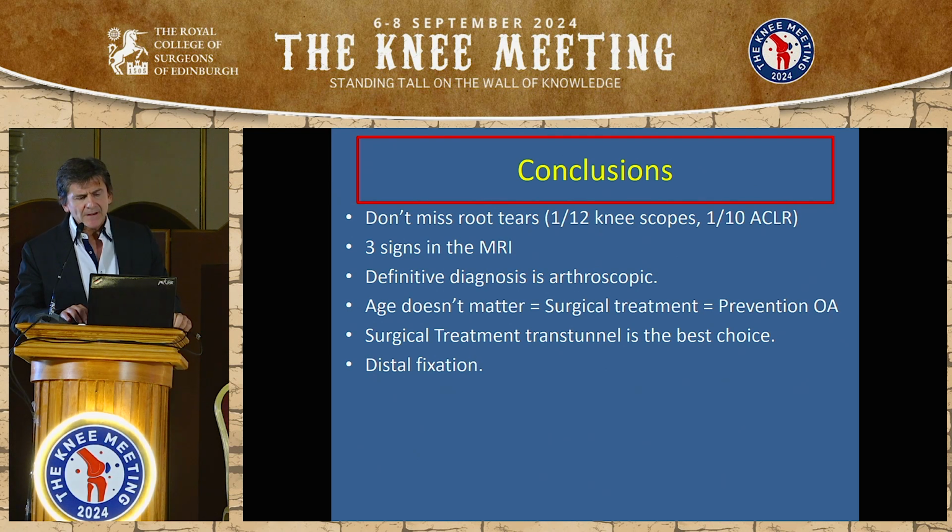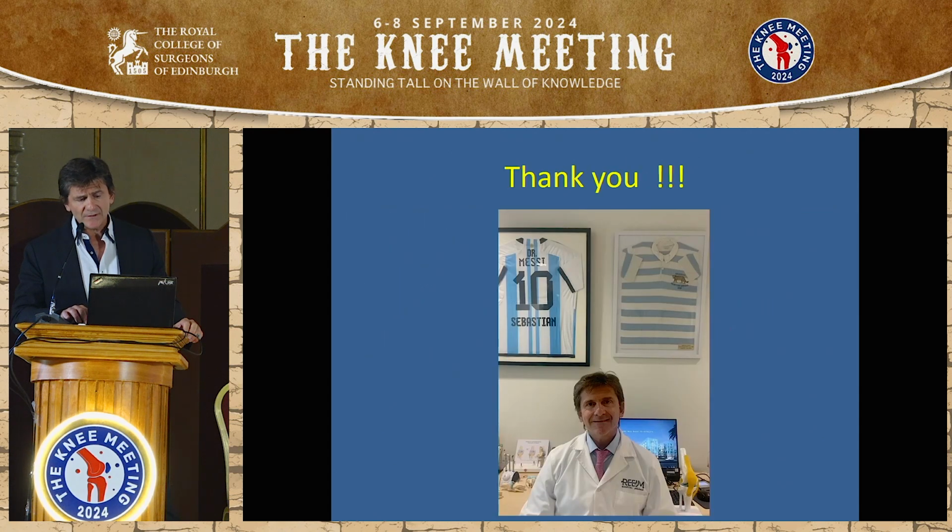The definitive diagnosis is made during the arthroscopy, and it doesn't matter the age or the surgical treatment. The important thing is the prevention of osteoarthritis in the future if you repair the meniscus. The transtunnel surgical technique is the best option for me. And for the distal fixation, you can use whatever device that you want. Thank you.